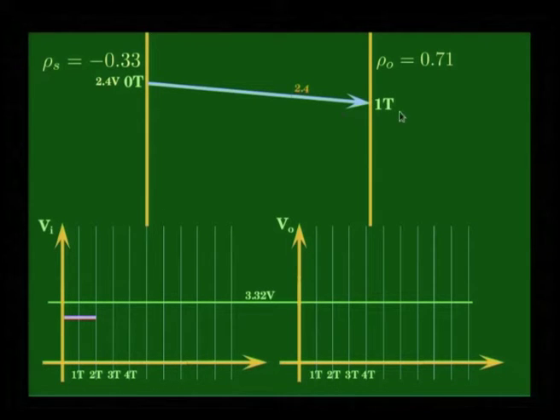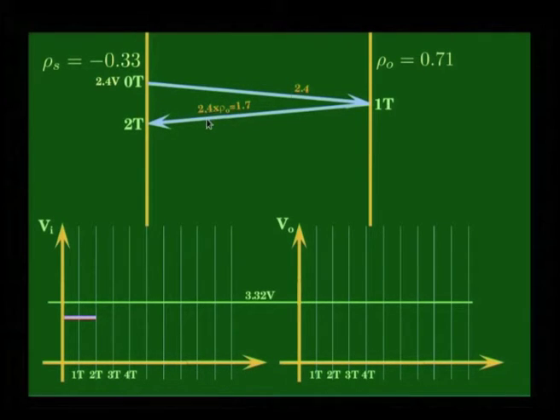And after 1 t, 1 propagation time has elapsed, 2.4 volts has passed on to the output side. The moment it has reached the output side, the output load and the transmission line wave impedance do not match. So, a portion of it will get reflected, multiplied by the reflection coefficient.